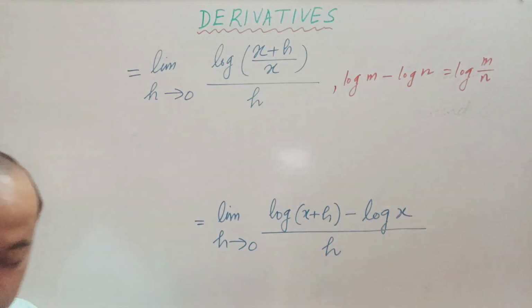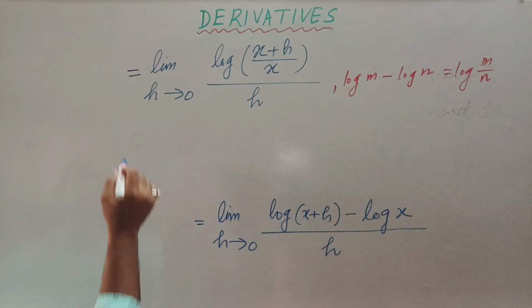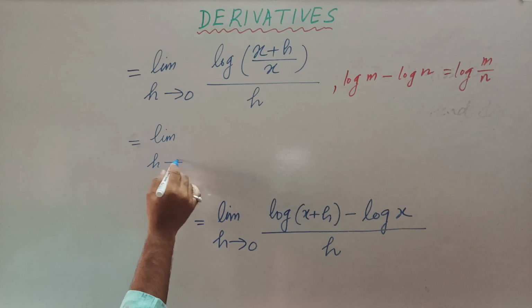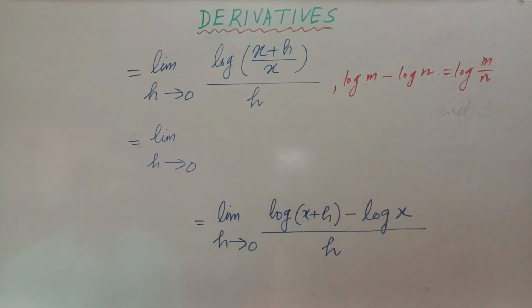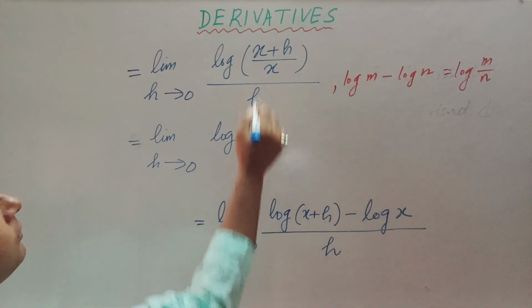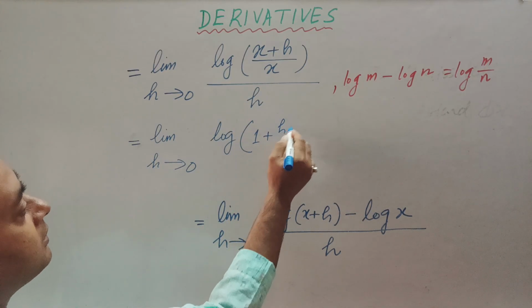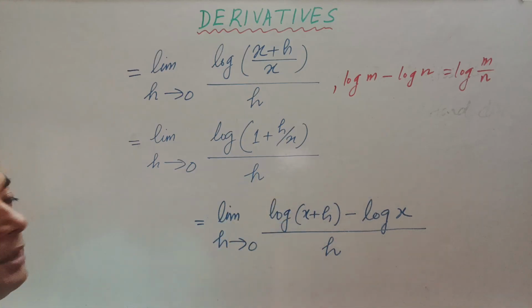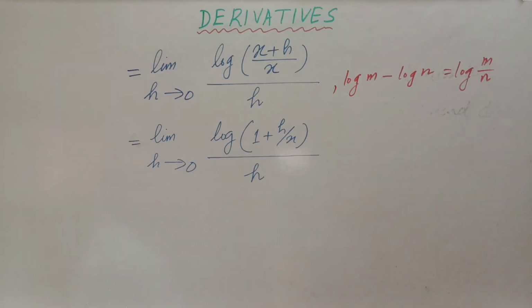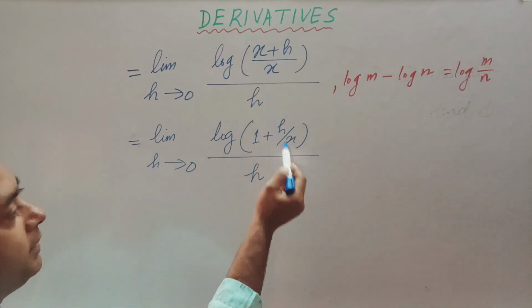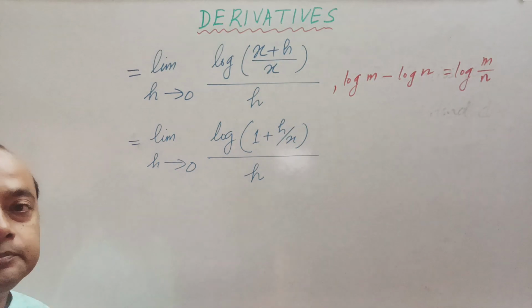After this, some algebraic technique we have to adopt here. Limit of h tends to 0. You see, this expression I can write as log of 1 plus h by x, divided by h. I hope you understand what I have done. x divided by x is 1, and h divided by x remains as this only.